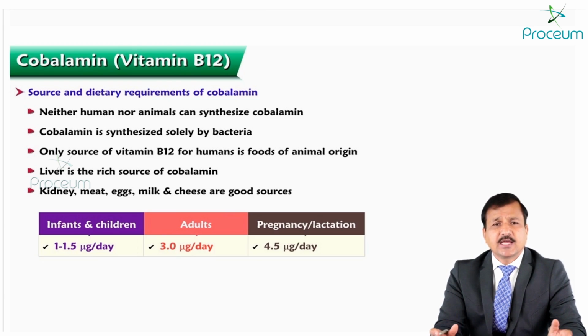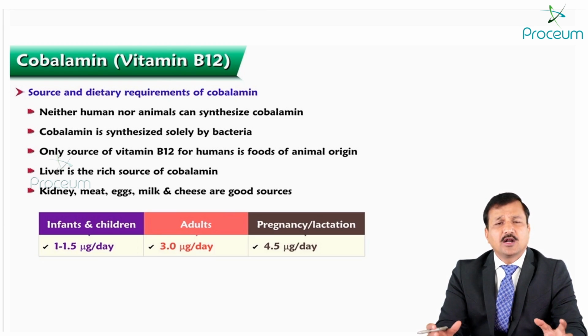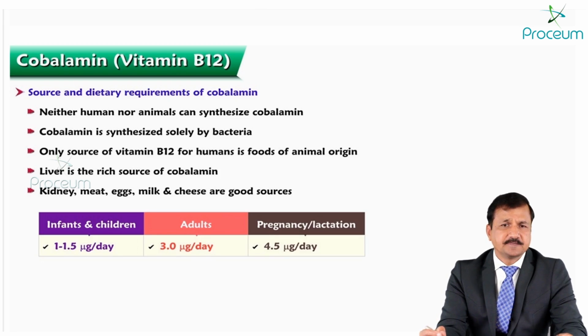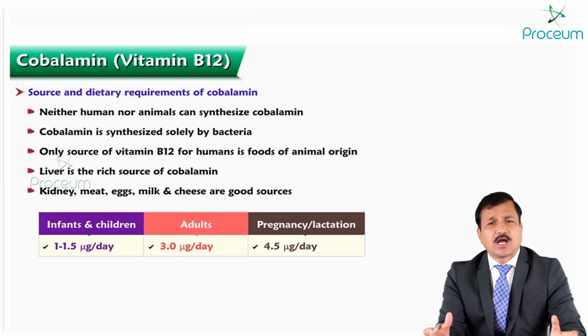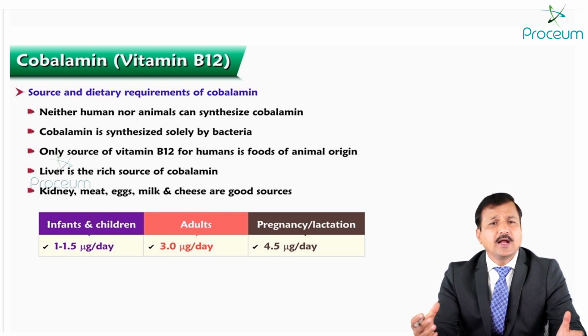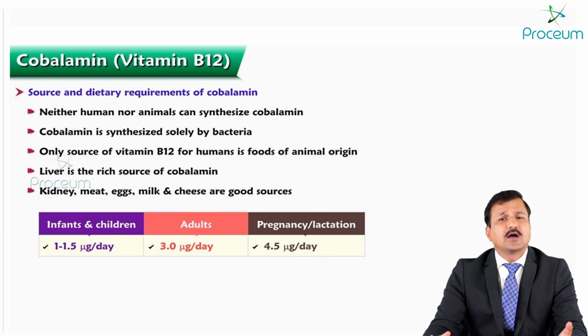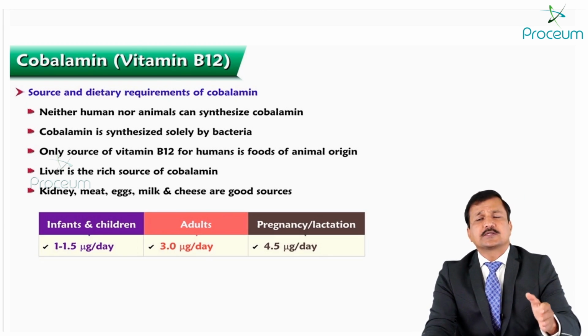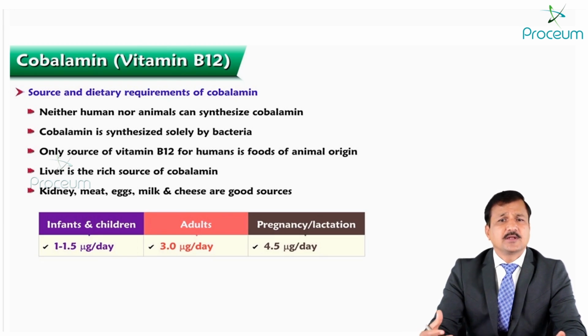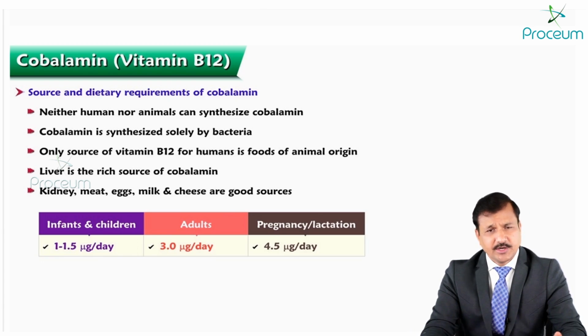What kind of bacteria can synthesize cobalamin? Cobalamin-synthesizing bacteria are generally present in ruminant animals, for example cows, where the intestinal tract is longer and the bacteria have sufficient time to ferment the food material and make some of the cobalamin, and that cobalamin is absorbed by that particular animal and gets into its tissue.